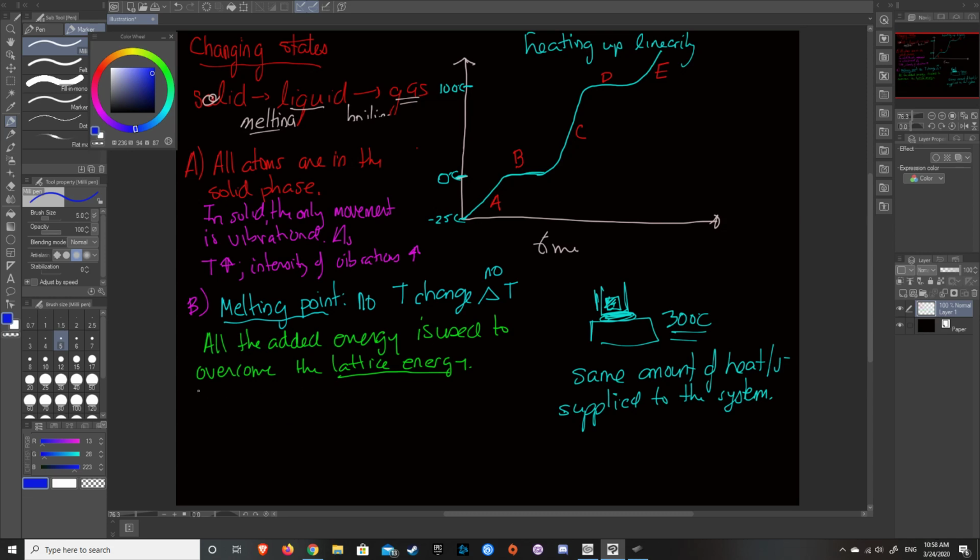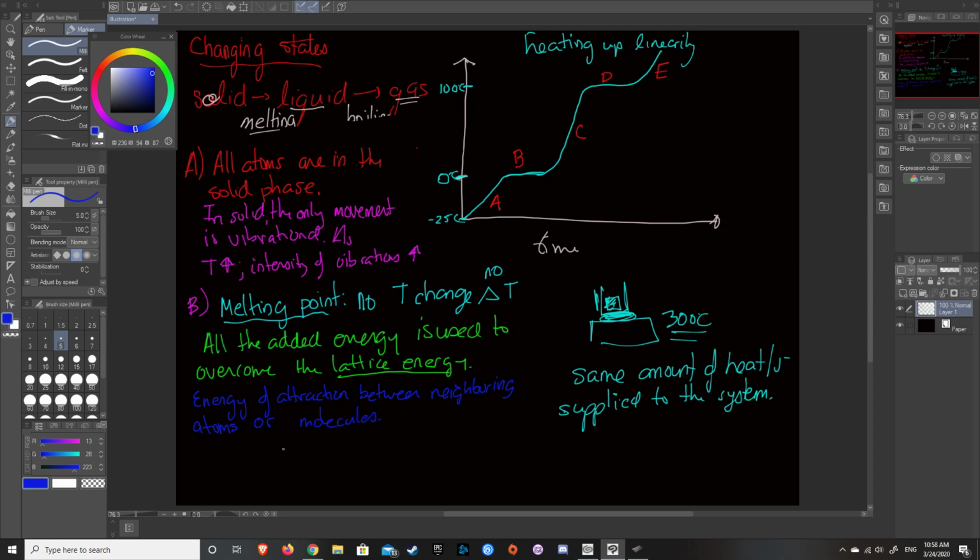So lattice energy, the energy of attraction between neighboring atoms or molecules. Because right, sugar is a molecule.